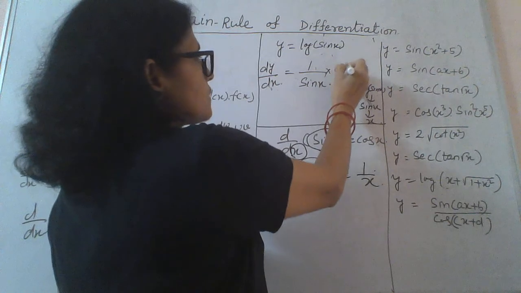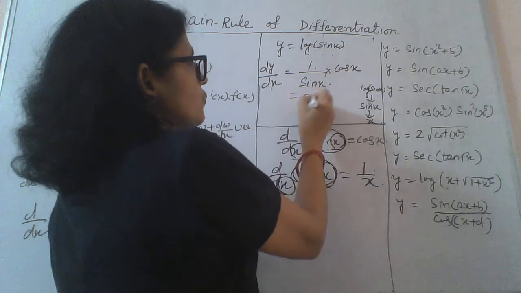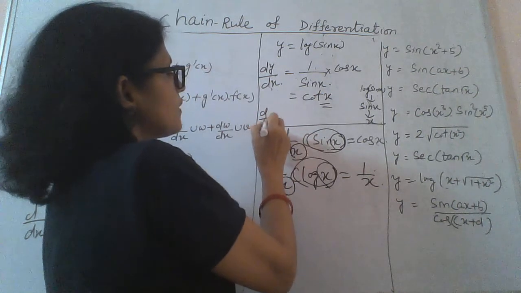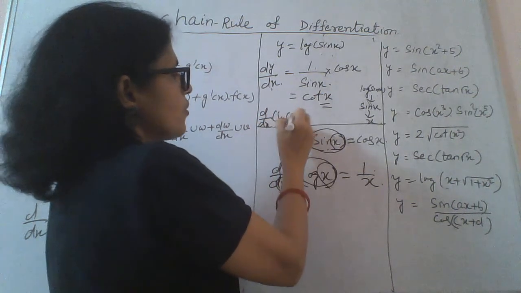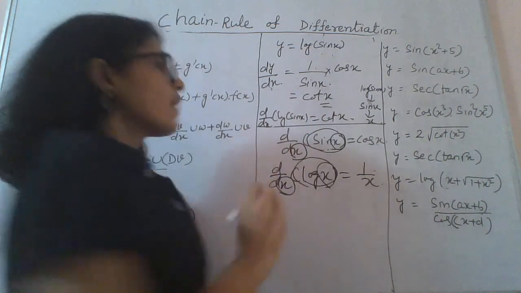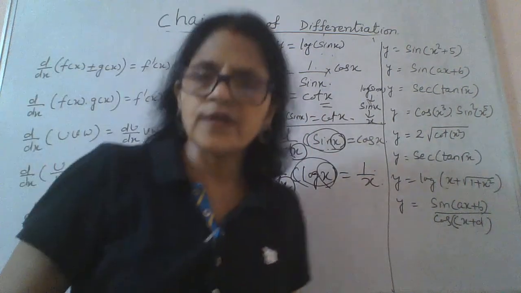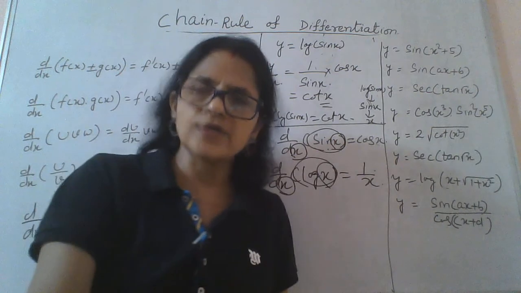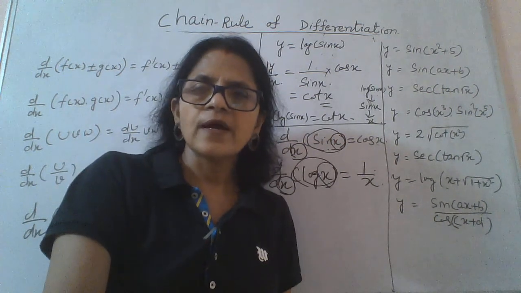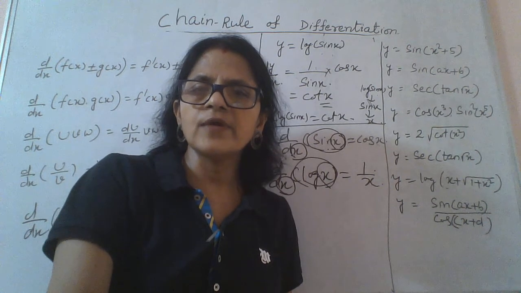Sin x with respect to x is cos x. So your answer will be cot x. So it means d by dx of log sin x equals cot x. So to answer such questions correctly, we need chain rule. Now we will study chain rule in detail, and I will tell you why we are calling it chain rule.